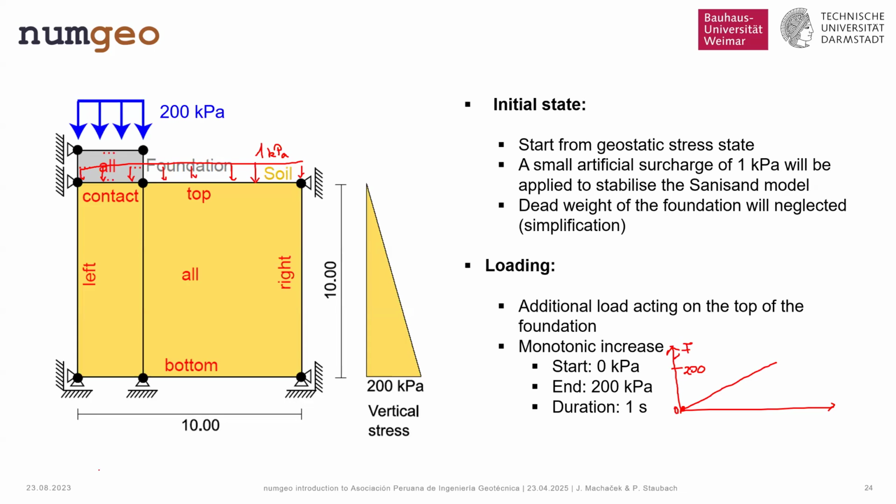And for this linear increase, we will use a physical time of 1 second, but this time has not really a physical meaning since we will perform a static simulation. So this time can rather be seen as a percentage of loading.